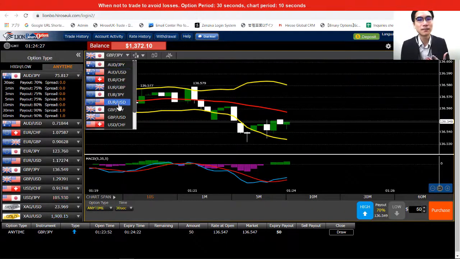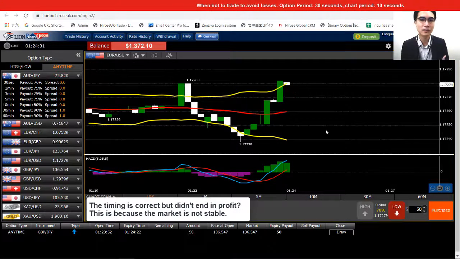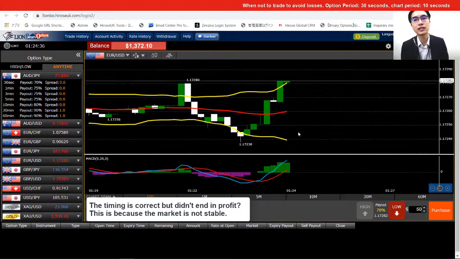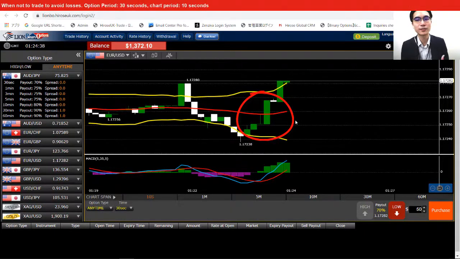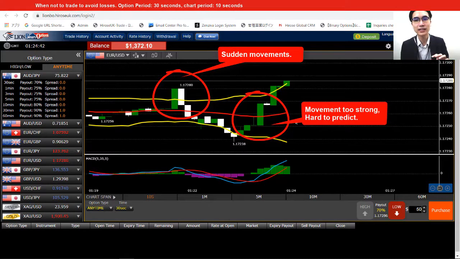So as you see here, the timing I opened the trade is actually correct, but the market just doesn't go as I wanted. You see here, the price movement is really strong, with a lot of sudden jumps and sudden falls.